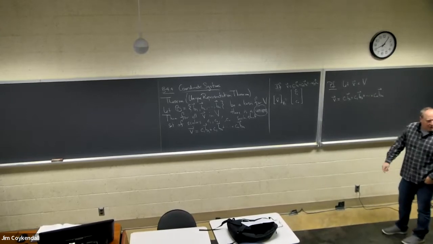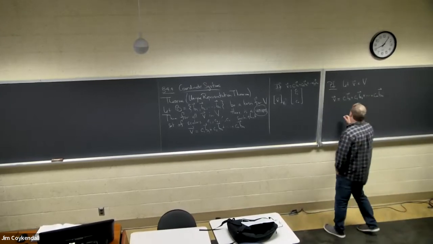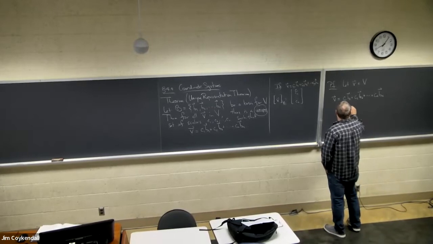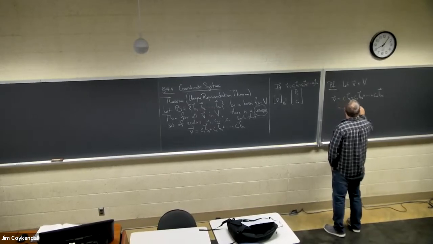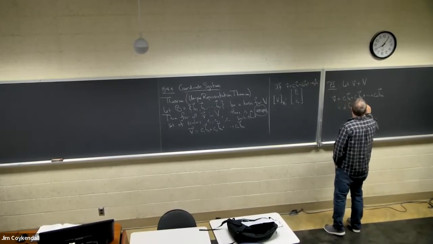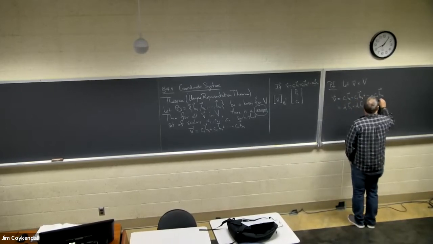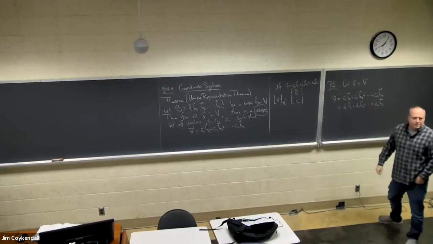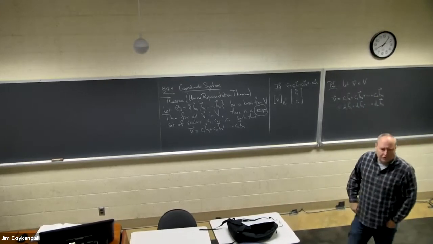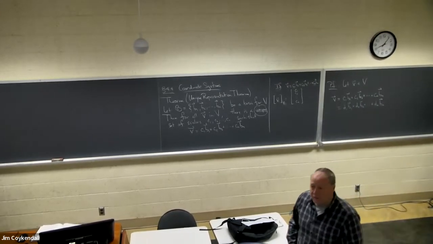And suppose I could write it another way. I don't know, we'll say d1 b1 plus d2 b2 plus up to dn bn. Suppose I could write it two ways, right?